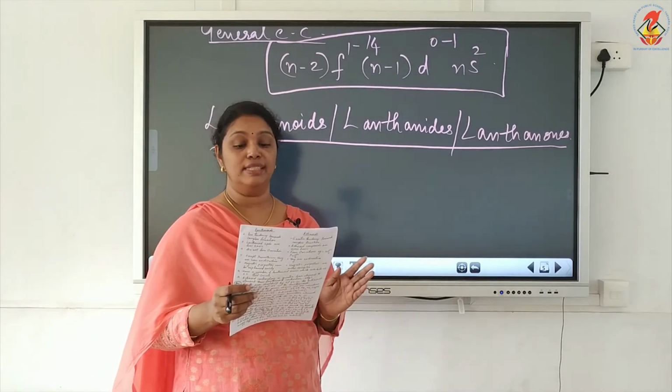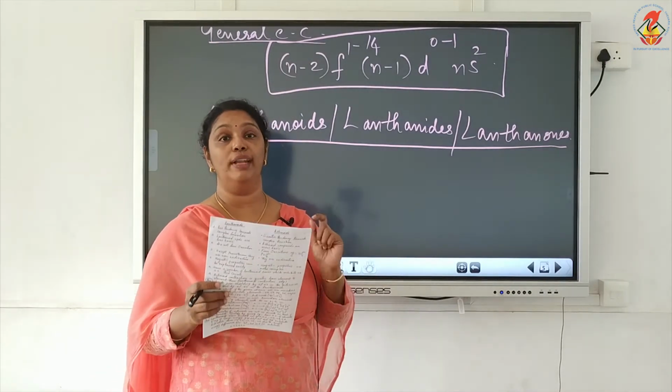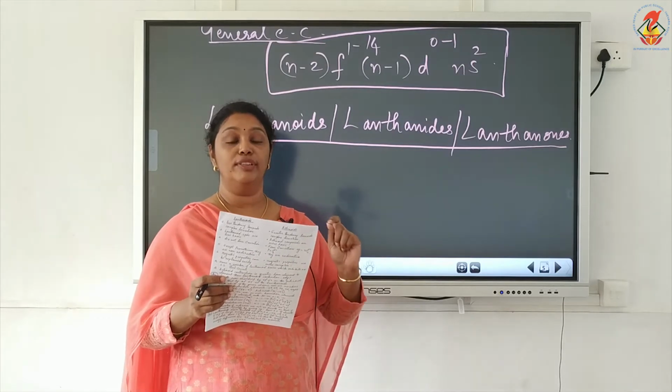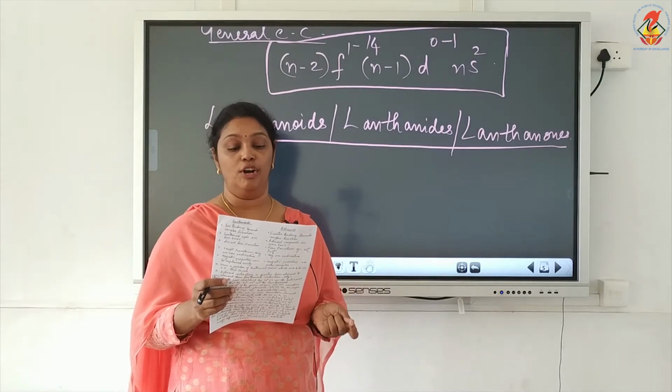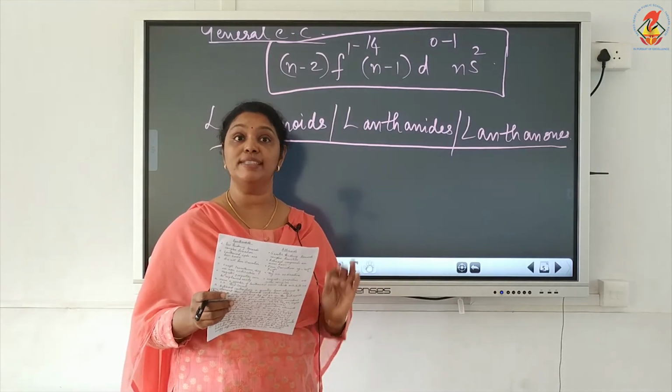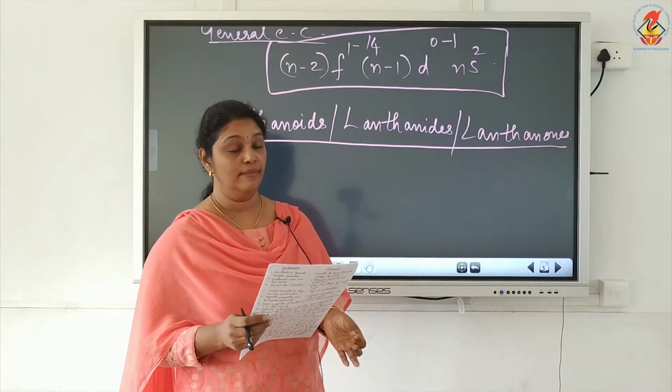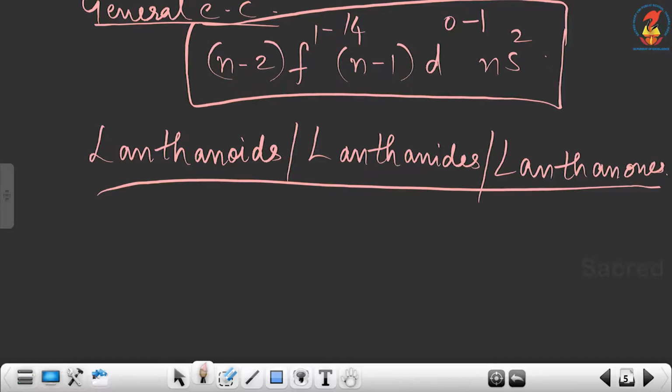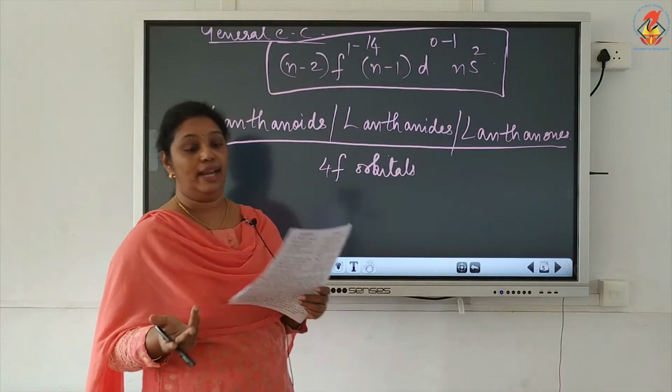They are elements in which the last electron enters one of the 4F orbitals. They are called the 4F block elements or first inner transition series. So here in lanthanoids, the last electron enters the 4F orbital.